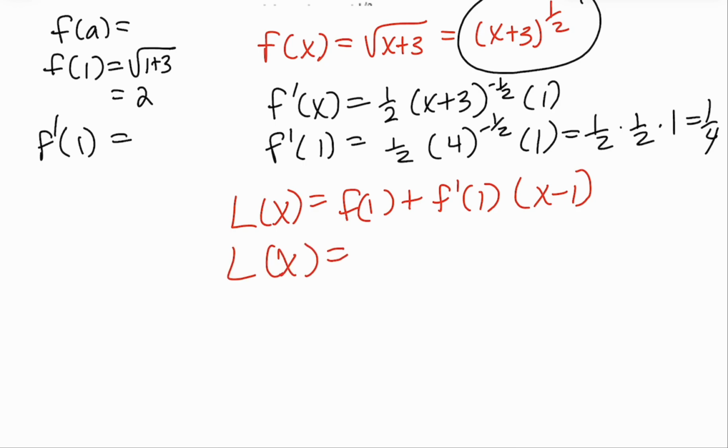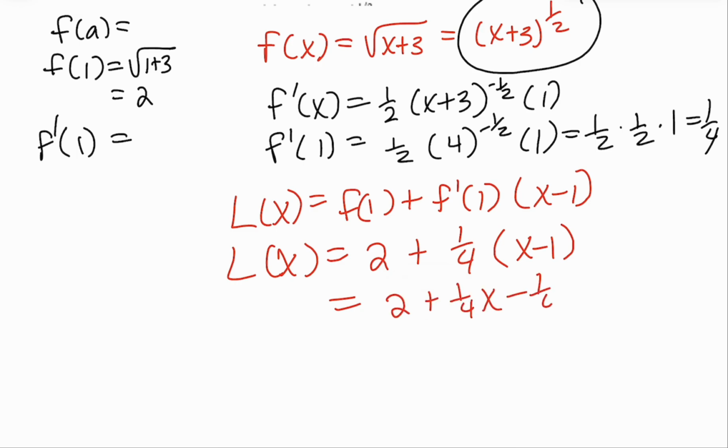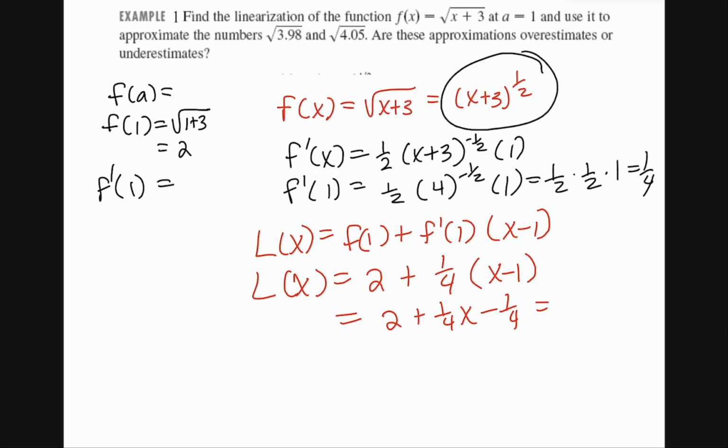So we get this is 2, this is 1/4, this is x minus 1. So we get 2 plus 1/4 of x minus 1/4, or 1/4 x plus 1.75. So that's our linearization.